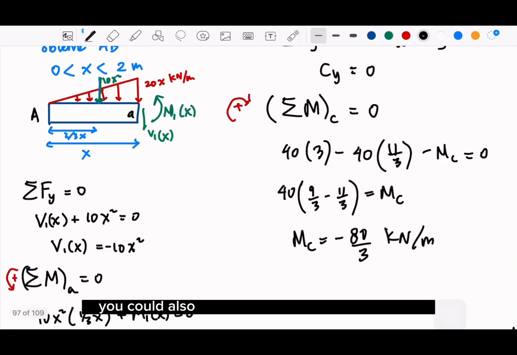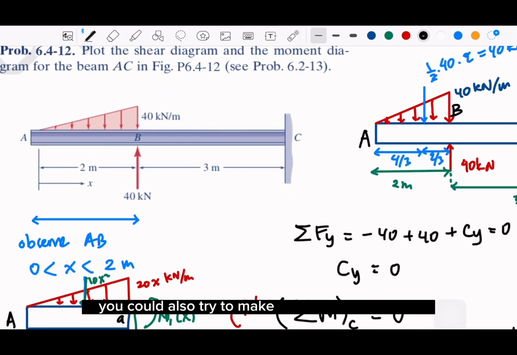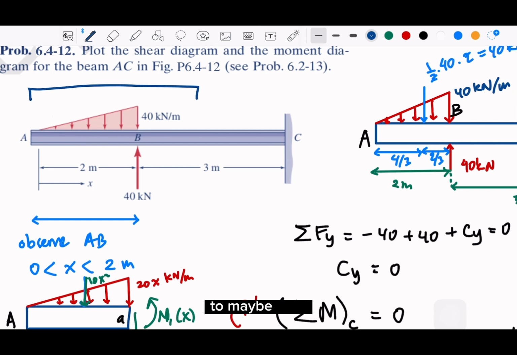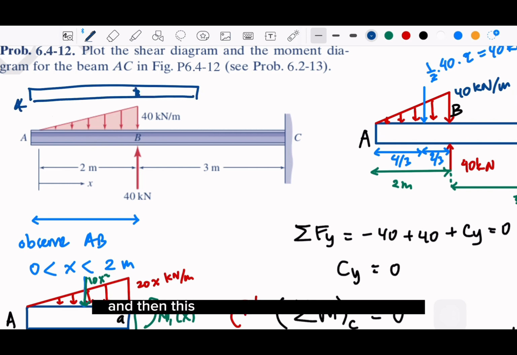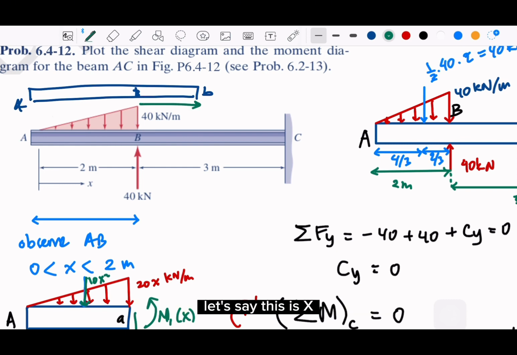If you want, you could also try to make out the BC segments. The way you do it is taking the segments from A to maybe here. So this is A, B, and then this is probably small b. And then we can simply say this is x, this is 2, right?